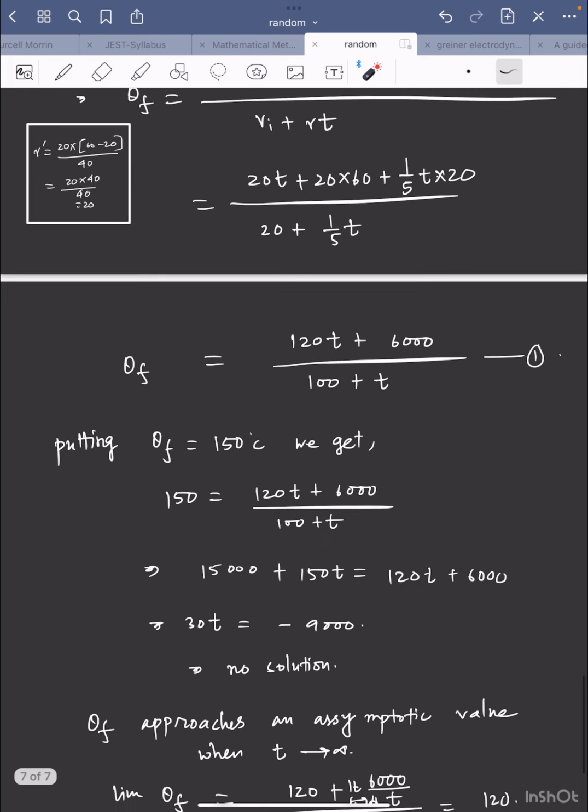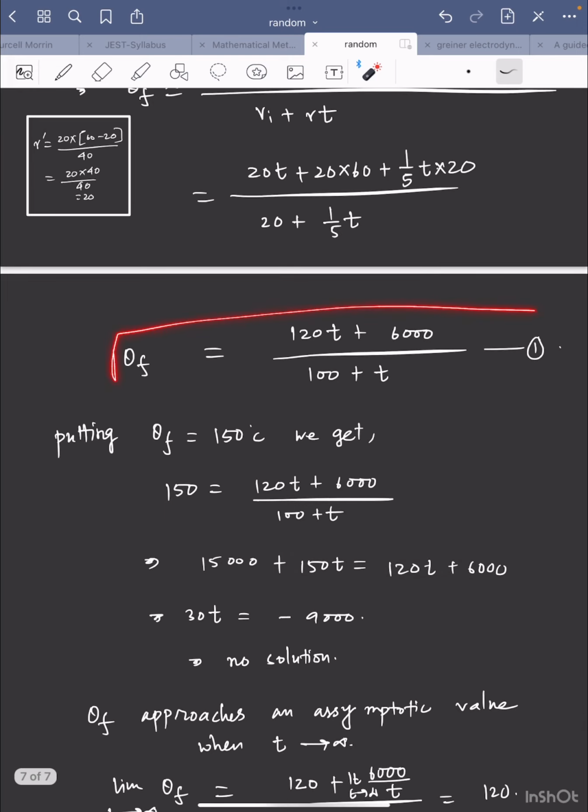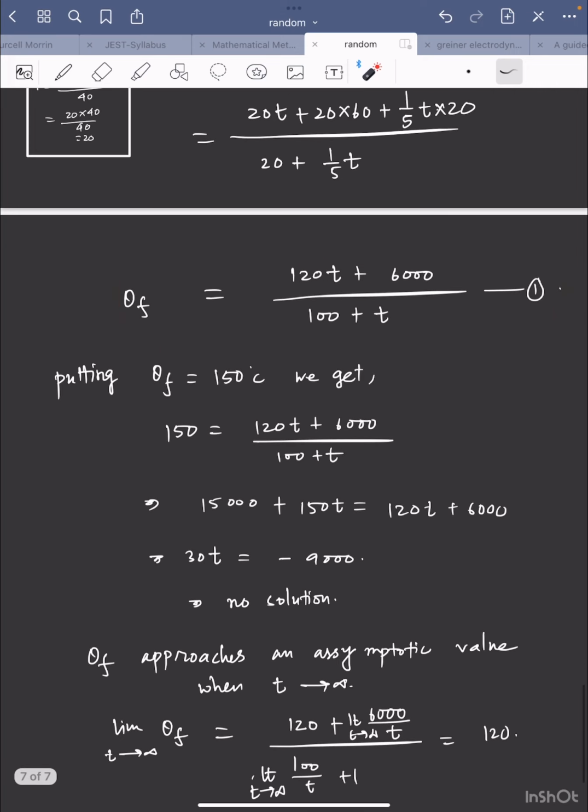So you can get that theta F equals this. Now you can see that as we put theta F equals 150 degrees to boil the system, we get that 330t equals minus 9000. So this is actually a contradiction. Time cannot be negative, so actually this cannot happen.